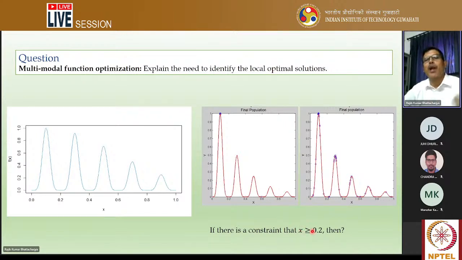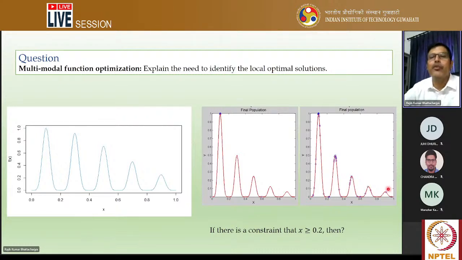Then you have to run your program again with this constraint. But if you know the other optimal solutions, you can tell the decision maker that if this solution is not acceptable, there are other optimal solutions. This is the next best solution, and this is the next best. You can choose from those.